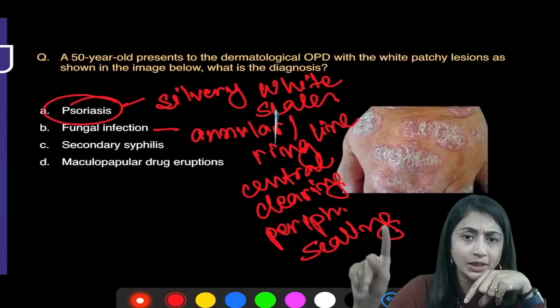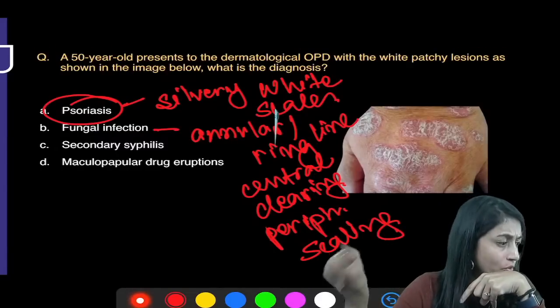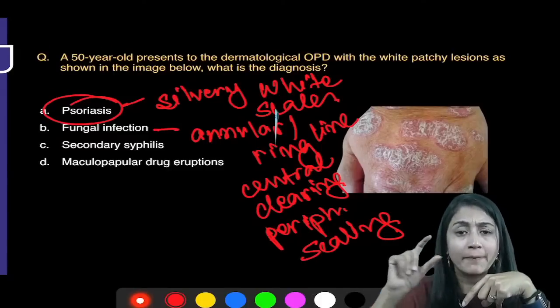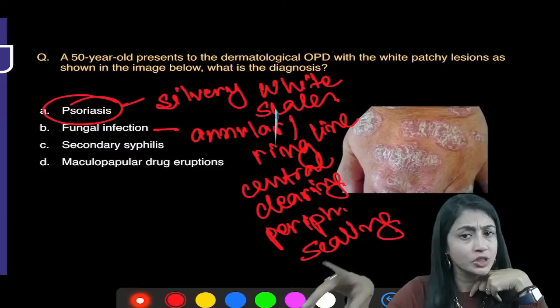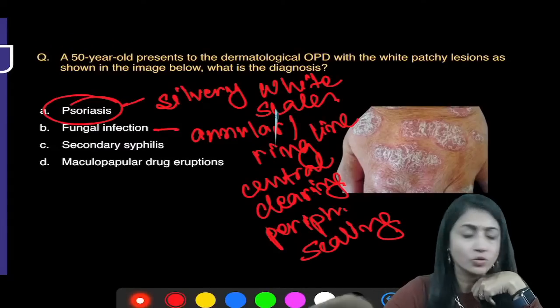So if it was a histopath question, then you would say a band-like infiltrate of lymphocytes at the dermoepidermal junction is the correct option, and you could have marked that.